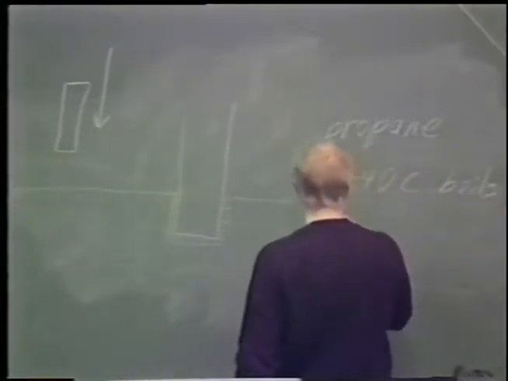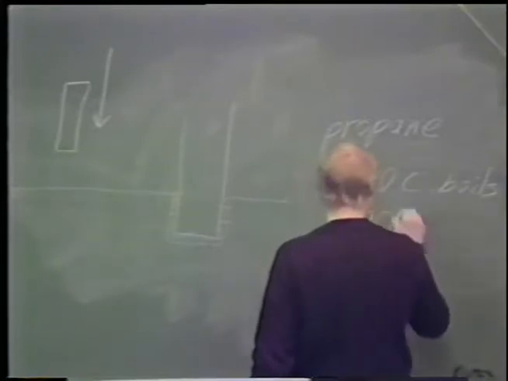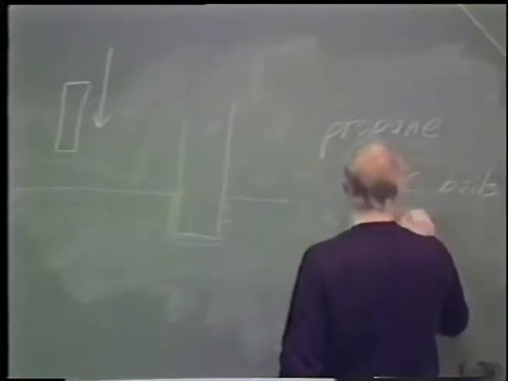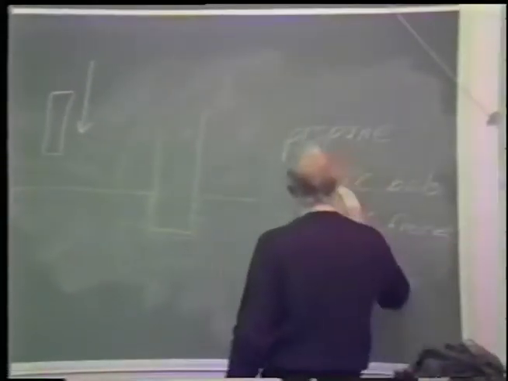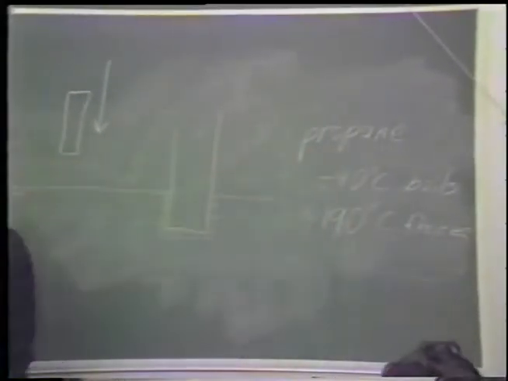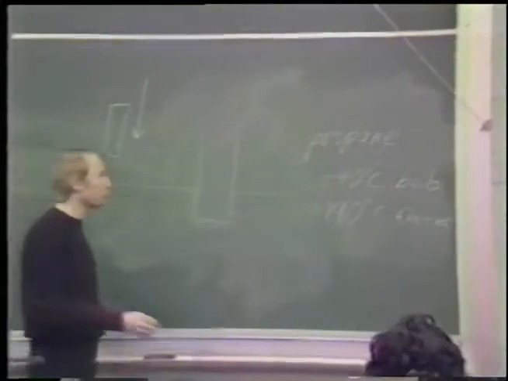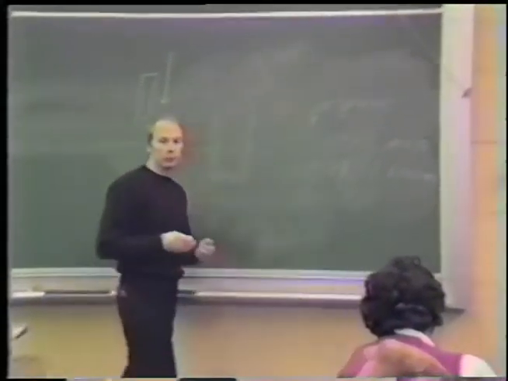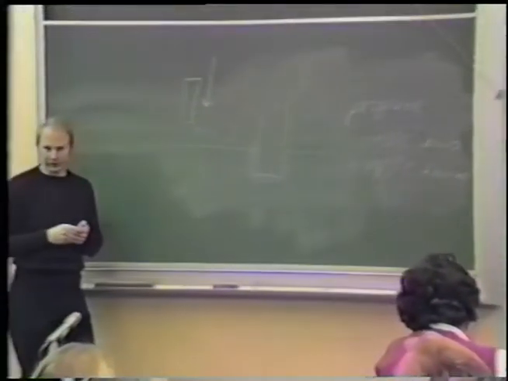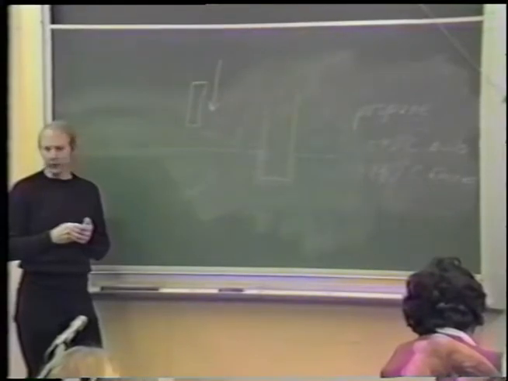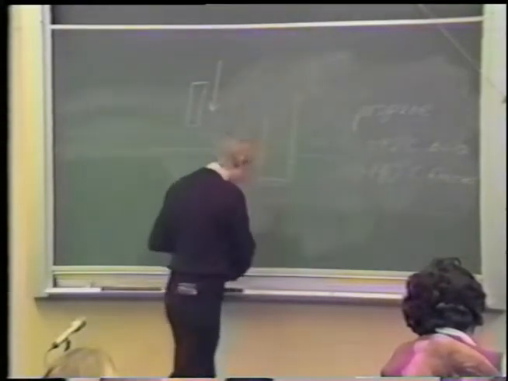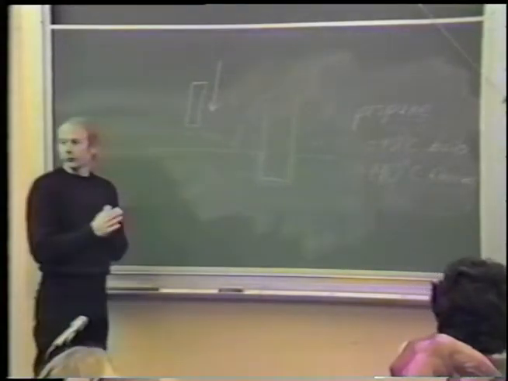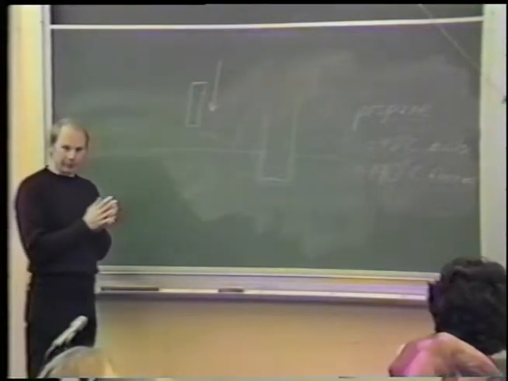It freezes, if it's pure, at minus 190. So it can absorb quite a lot of heat before it boils. And you can, in fact, supercool it to near liquid nitrogen temperature for a few minutes. If it's pure, you can get it there for about 5 minutes. If it's commercial grade propane, which has a relatively high concentration of impurities, you can keep it there for about 20 minutes.